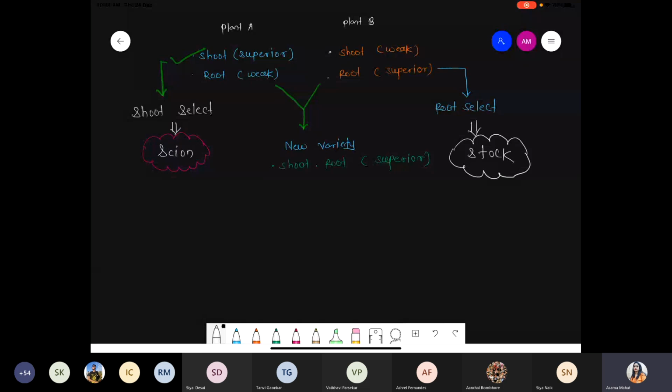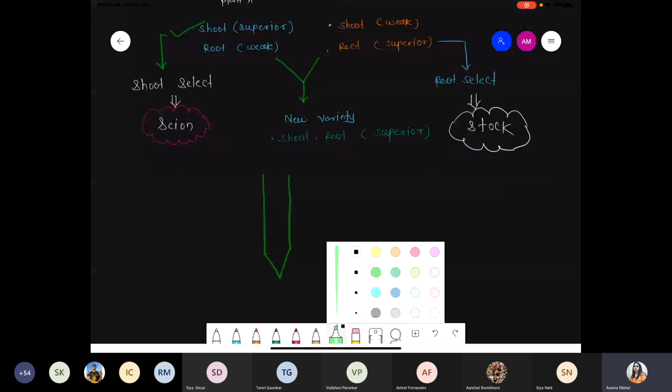So now you can create a V cut, an oblique cut, or multiple cuts; there are many cutting patterns. But now, in plant A you have to select one stem like this, and in plant B you have to select the other part.